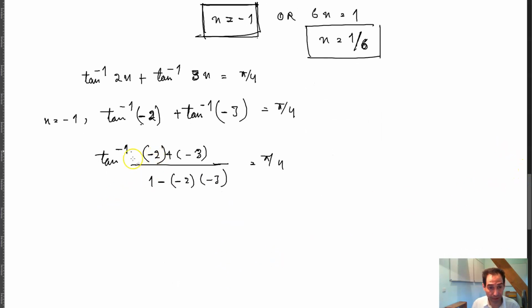And that means that this is the tan inverse of negative 5 over, this is positive 6, 1 minus 6 is equal to negative 5. Seems that it actually works.